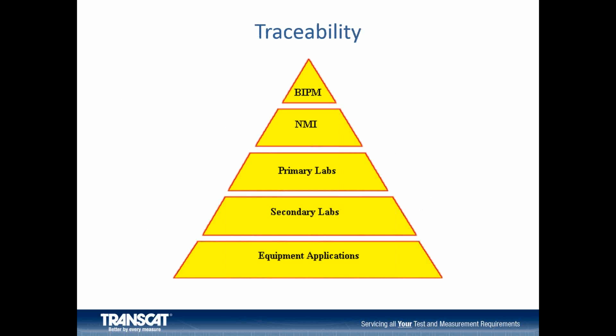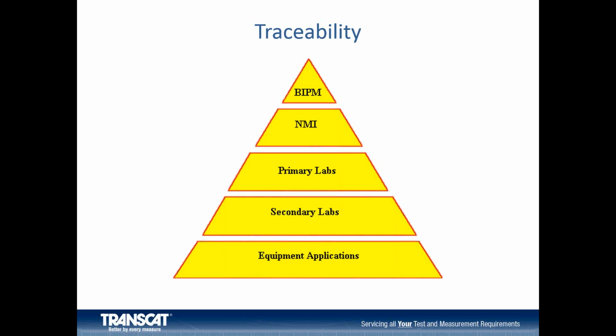So talk a little bit about traceability. Traceability is one of those buzzwords scattered about our standards and calibration certificates. Fundamentally, the BIPM defines the standards of the SI units worldwide.